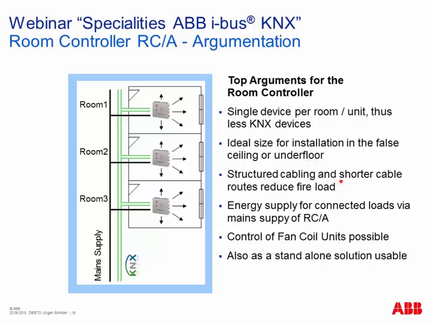This is very low in height, so typically installation there. Structured cabling and shorter cable routes. What does it mean? You need only one main supply to supply the KNX device itself, the room controller, plus the connected loads. So not more is necessary, so loads can be connected directly here. Of course, additionally the KNX network to interconnect all these room controllers for any central functions or whatever is necessary.